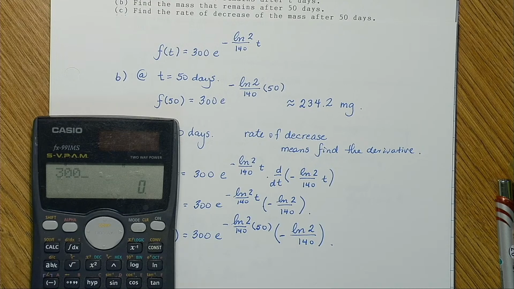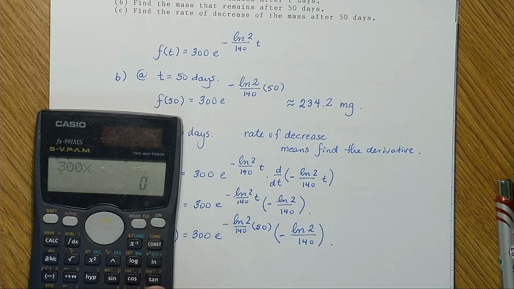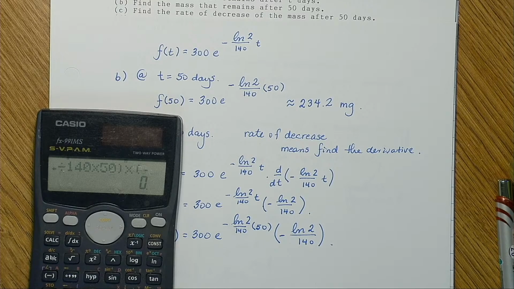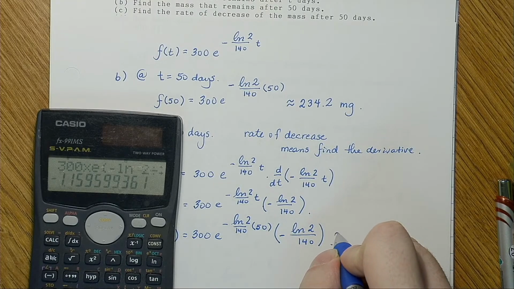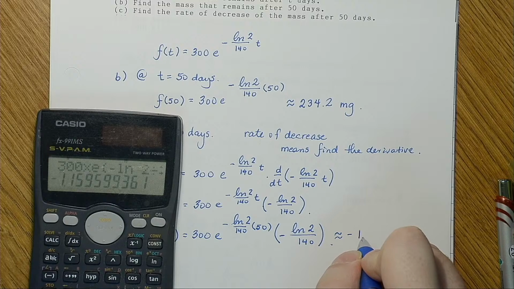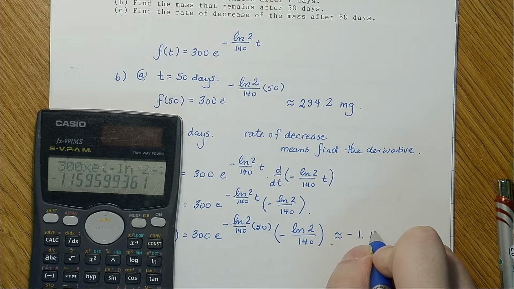So I'll get 300 times, let's go E to the minus ln 2 divided by 140 times 50. Close the bracket, times ln 2 divided by 140, and that is approximately equal to negative 1.6.